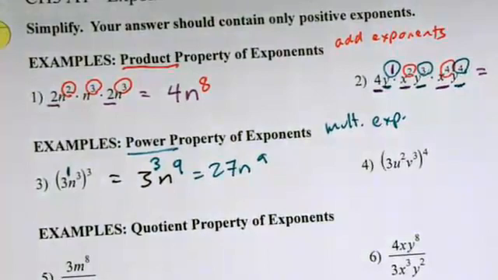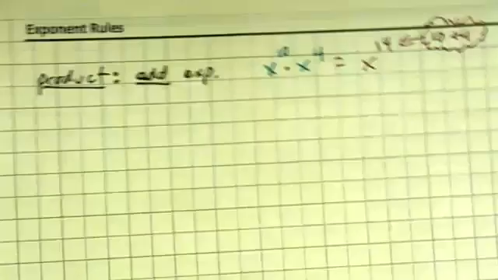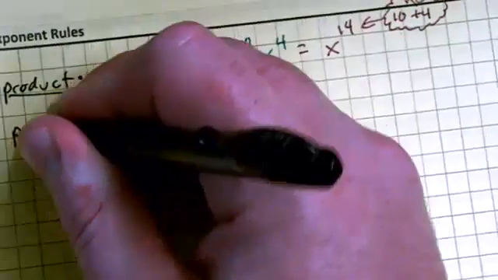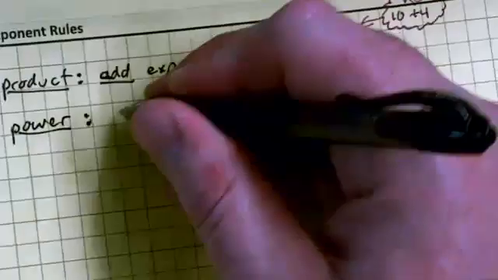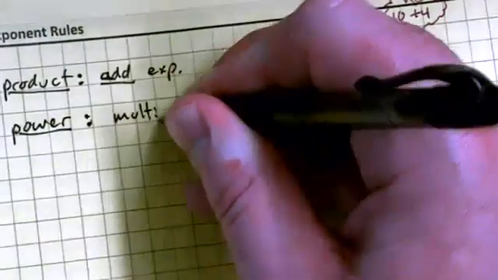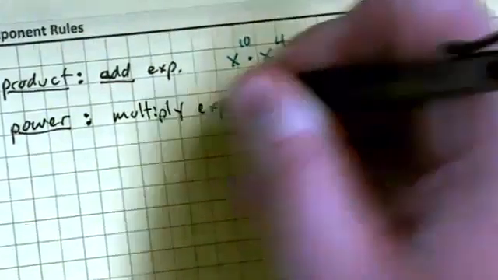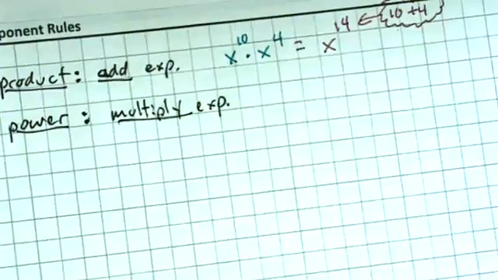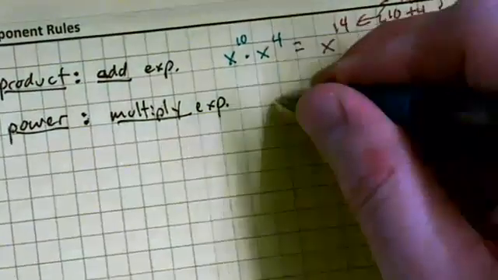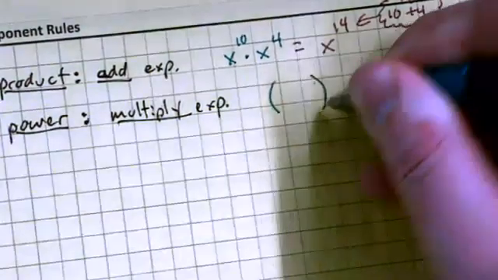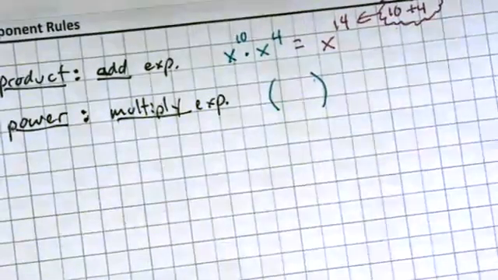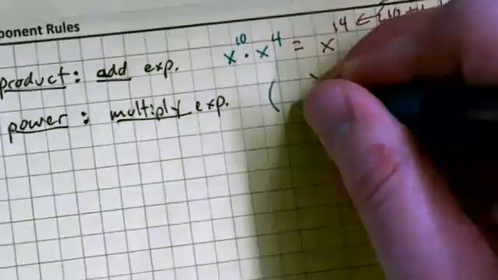So let's get some notes in our packet on the power property. With the power property, we're going to multiply our exponents. This is going to happen typically when you have parentheses, the variable inside. I'm going to use x again.